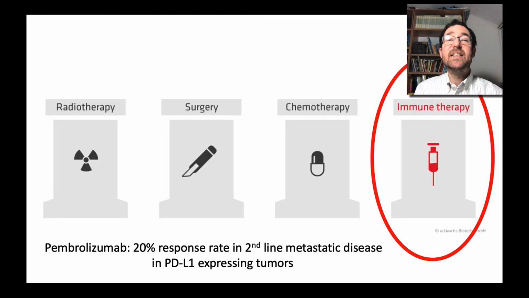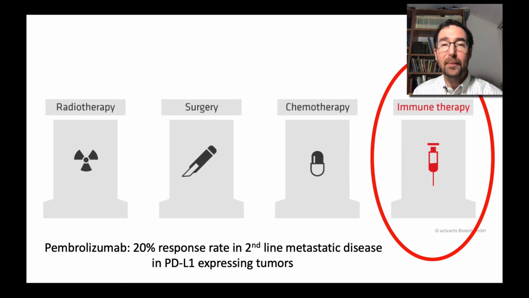So regarding immunotherapy, that is the big new thing in cancer treatment. However, even though immunotherapy is approved by the FDA for esophageal cancer, I've got to tell you the bottom line is it's very disappointing, at least using what we have today. With Keytruda, also known as pembrolizumab, there's just a 20% response rate.